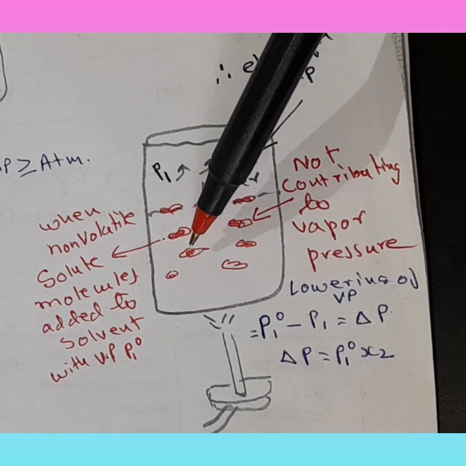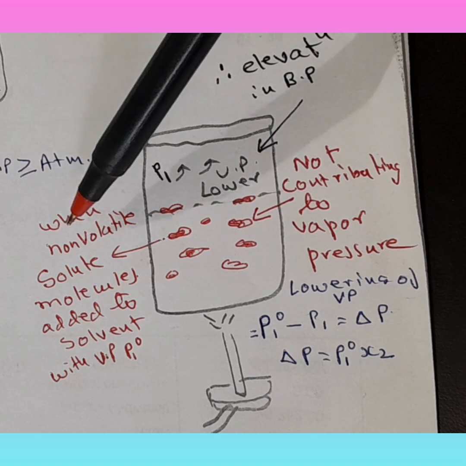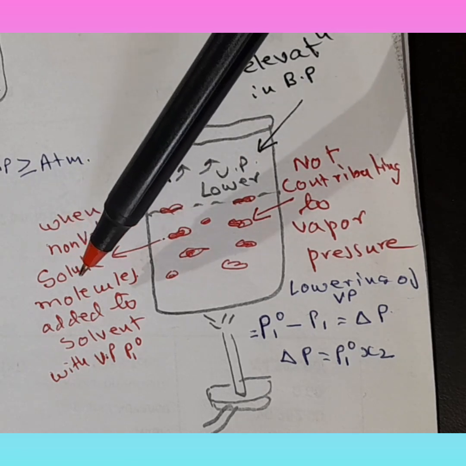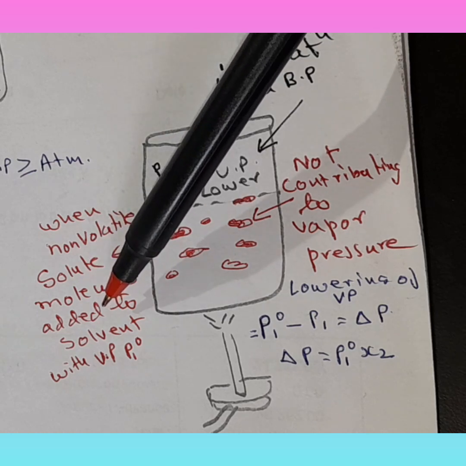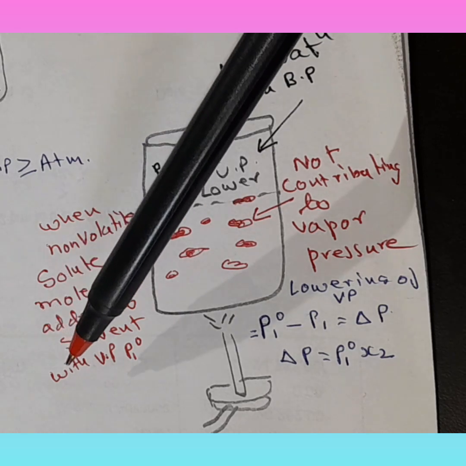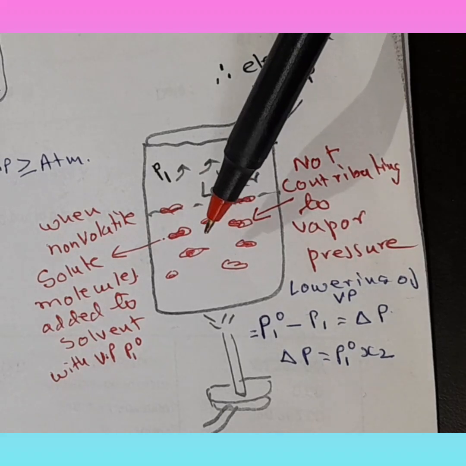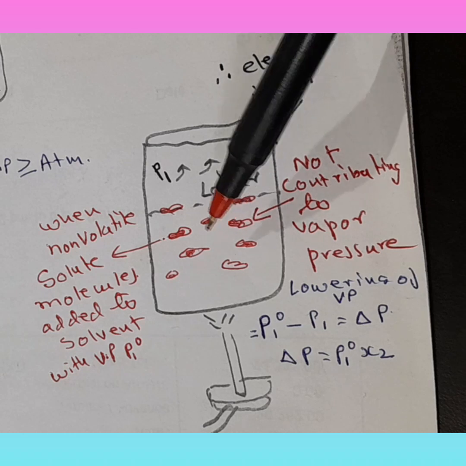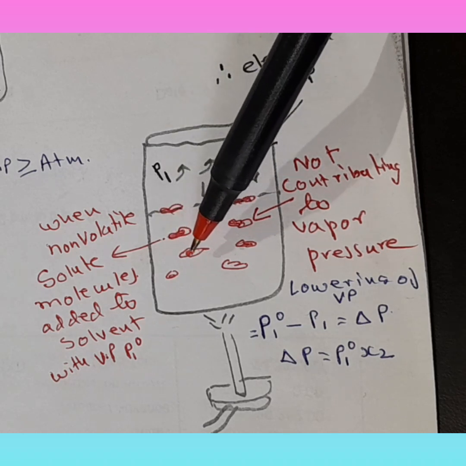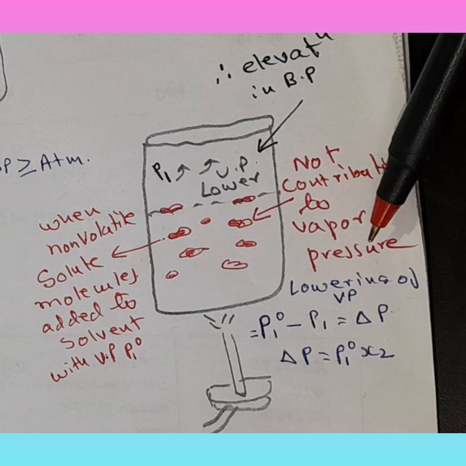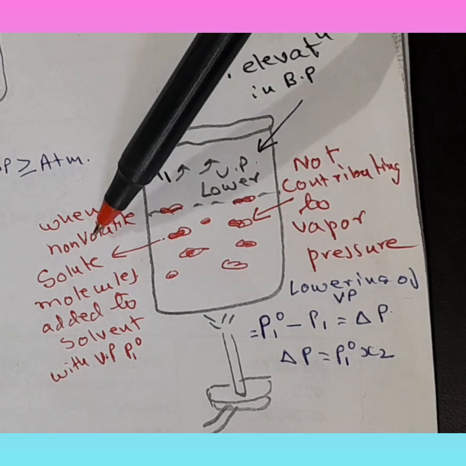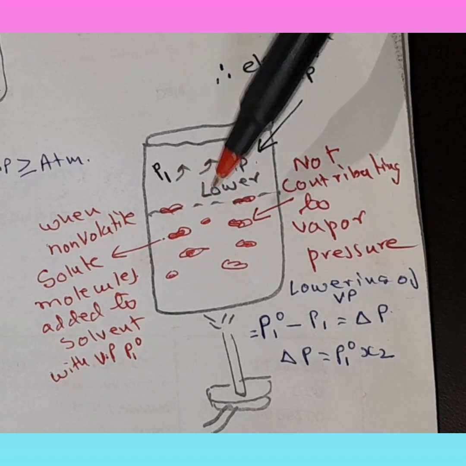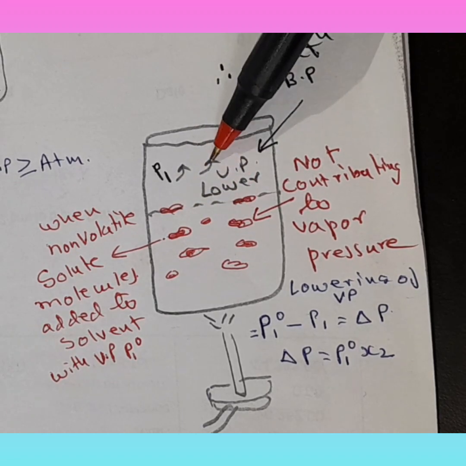Since tea powder is non-volatile, when a non-volatile solute is added to a solvent, it covers some area, and that is not contributing to vapor pressure. Non-volatile solutes do not contribute to vapor pressure, owing to which they hinder the generation of vapor pressure over here.